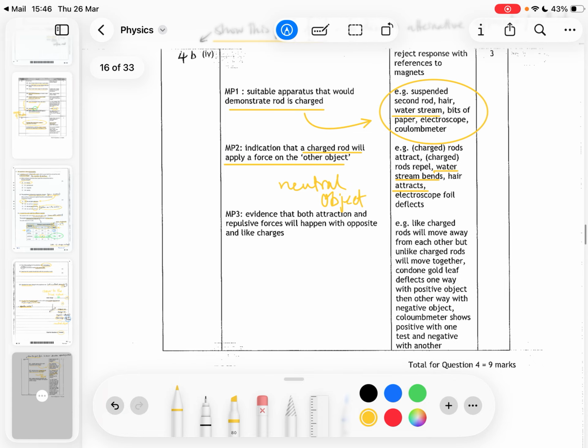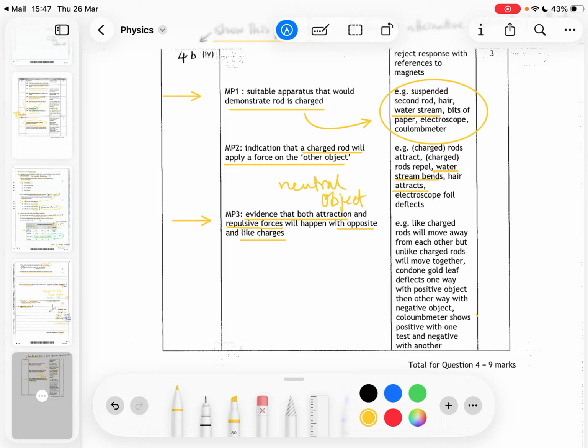So the charged object will attract the neutral object, or whichever one is free to move will move towards the other. Then you've got to show evidence that there are both attraction and repulsive forces if you use opposite charges and if you use like charges. So I kind of concentrated on that, and I think I'd get 2 out of 3 easily, but maybe I should have said you've got to make sure that the initial suspended one is charged, okay?